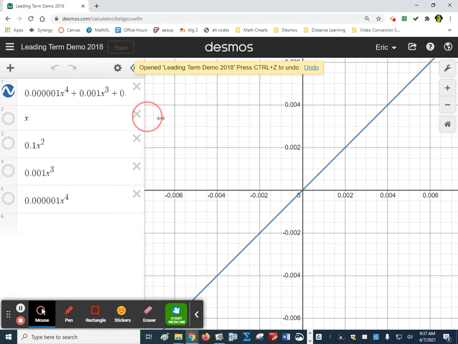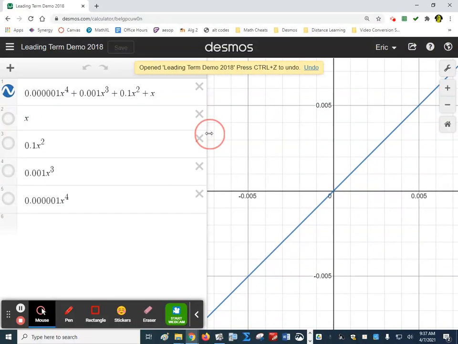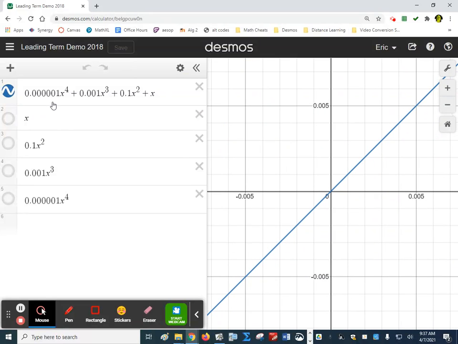Okay, so I've got this polynomial up here. Look, I've got this really tiny coefficient of x to the fourth, plus a fairly tiny coefficient of x cubed, plus a tiny coefficient of x squared, plus x. Okay? I want you to tell me, what is this thing? Which of these really seems to dominate?